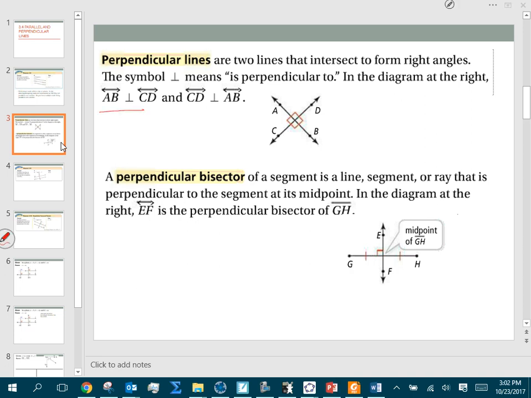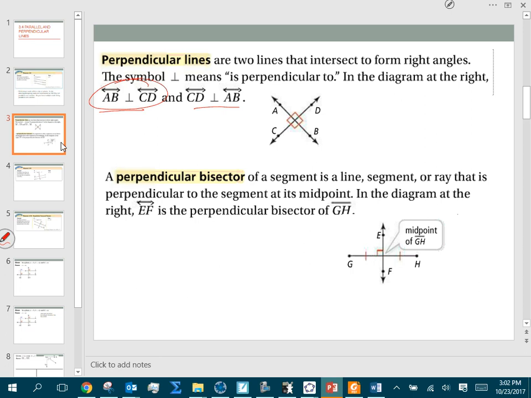What is nice about things that are perpendicular, if I have two lines or segments or rays, a segment and a ray, a line and a ray, whatever the objects are, perpendicularity is symmetric. Meaning that if AB is perpendicular to CD, you can read it in the other direction and say that CD is also perpendicular to AB.